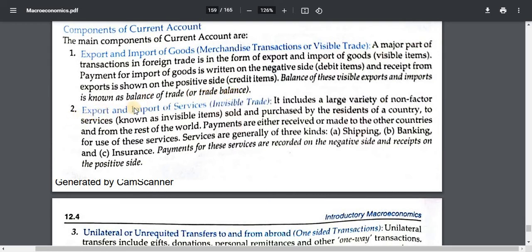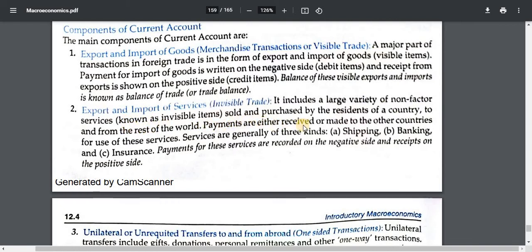2. Export and import of services, invisible trade. It includes a large variety of non-factor services (known as invisible items) sold and purchased by the residents of a country to and from the rest of the world.